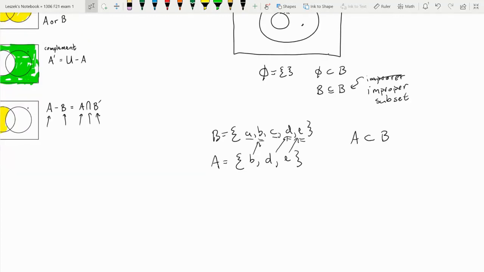Now, since we started talking about it, we might as well mention that there is a formula for the number of subsets of a set. Let's just call that set B. The number of subsets is 2 to the power of the number of elements in your set.